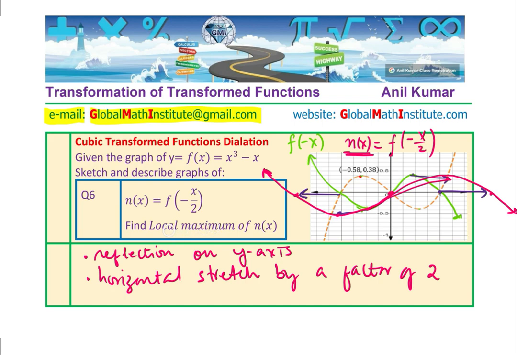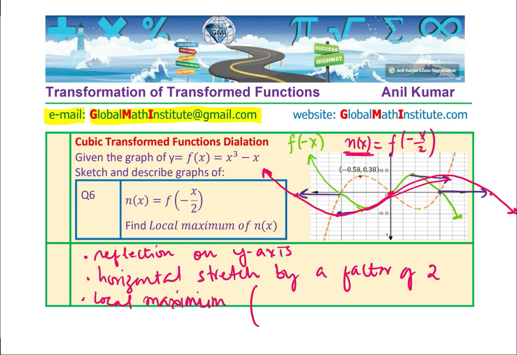And now, what is the position of local maximum minimum? The local maximum will now be on the right hand side and double the value, correct? Can you write down the value? Y value will remain the same, but the x value will change, correct? So 2 times 0.58 will now be at, instead of minus 0.58, gets multiplied by 2.